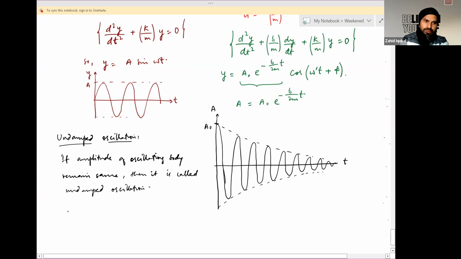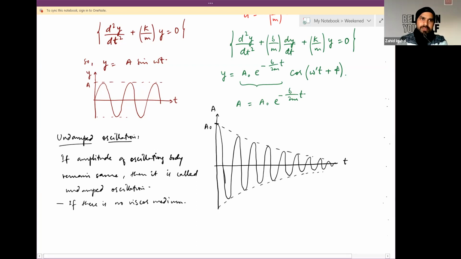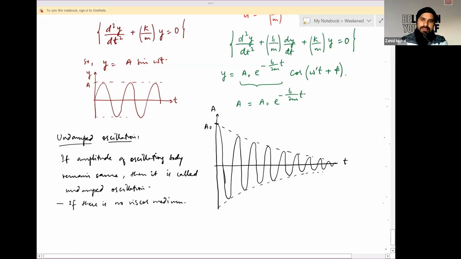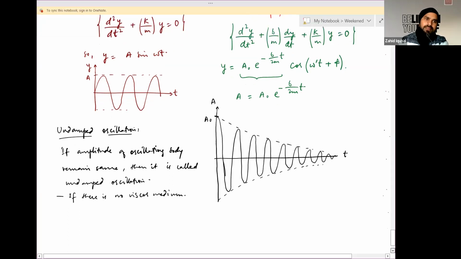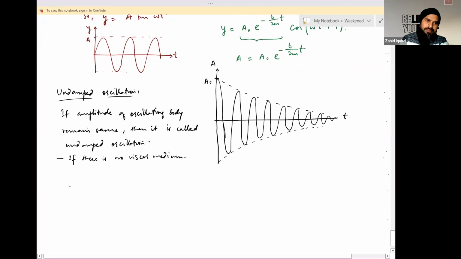Or if there is no viscous medium, then its amplitude would remain the same. Next is damped oscillation.